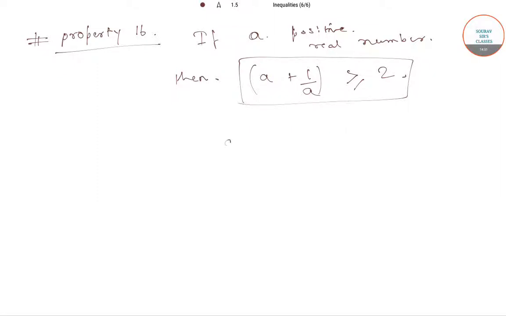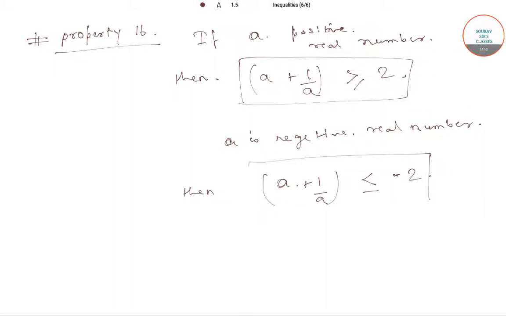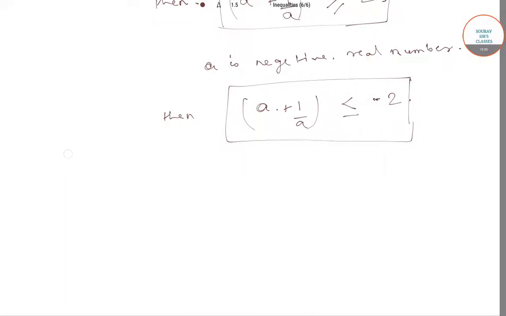And when a is a negative real number, in that case a plus 1 by a would be less than or equal to minus 2. So when a is a positive real number, a plus 1 by a is greater than or equal to 2, and when a is a negative real number, a plus 1 by a is less than or equal to minus 2. So this is our property number 16.